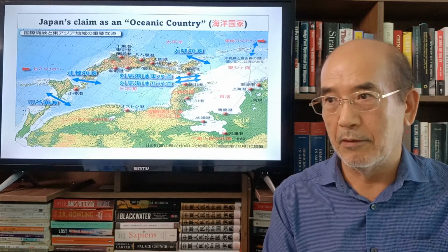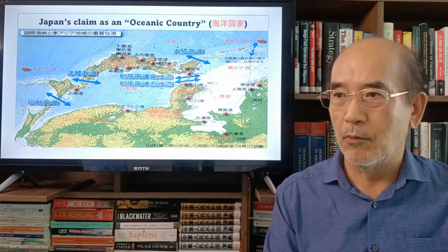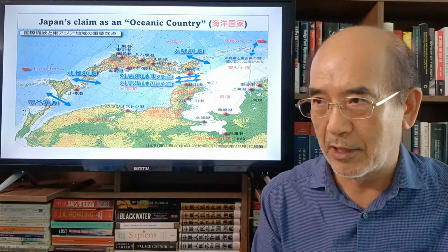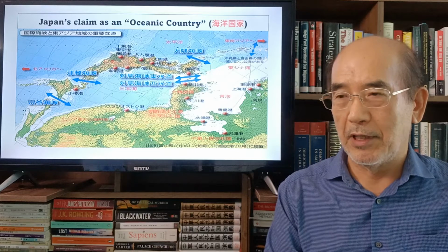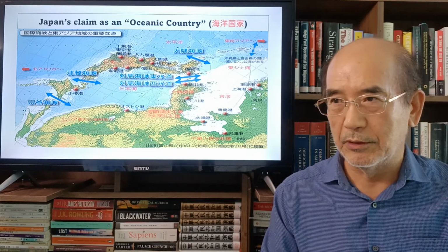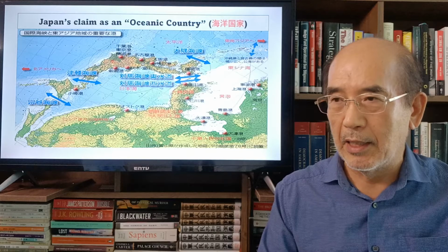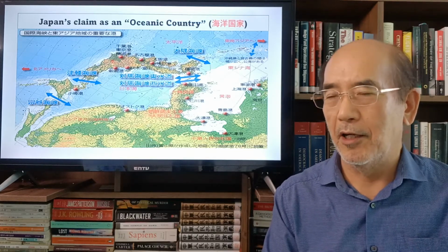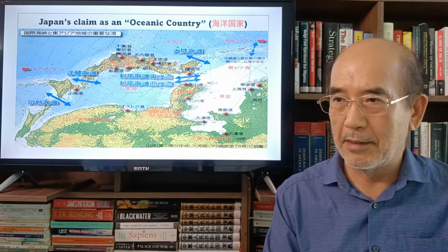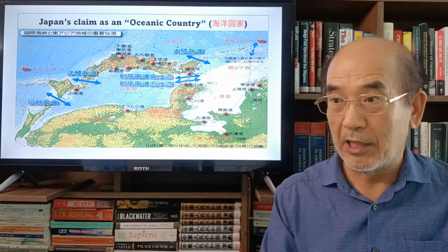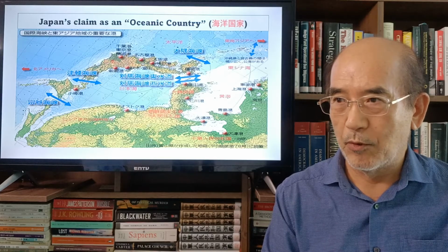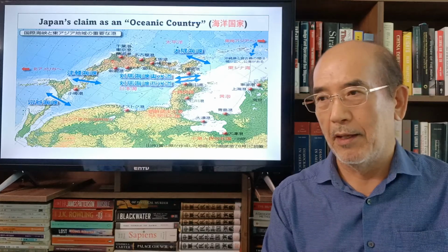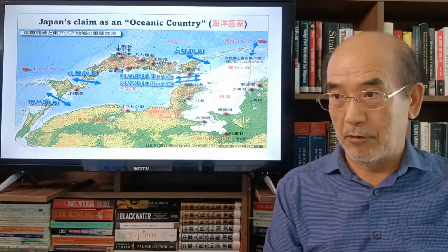In contrast, Japan was originally conditioned to become an oceanic country because it faces the huge Pacific Ocean, and there is no obstacle in the entire Pacific Ocean. And they have the Sea of Japan, or East Sea, bordered by the Korean Peninsula and the southeastern part of Russia.